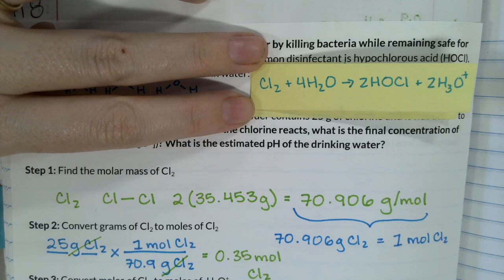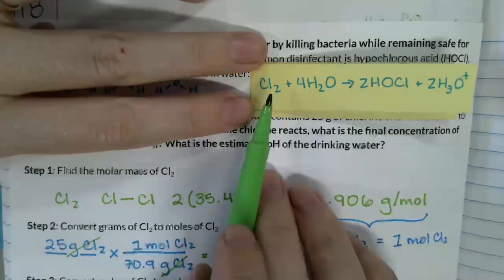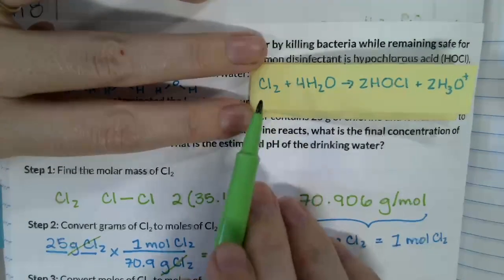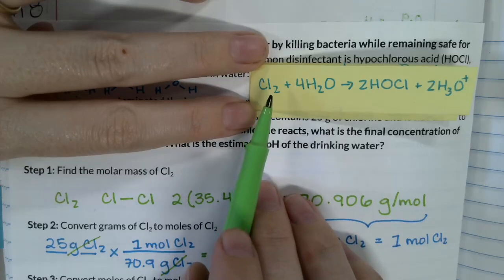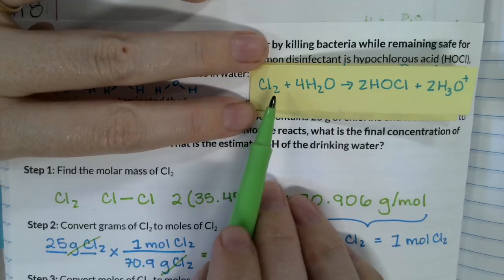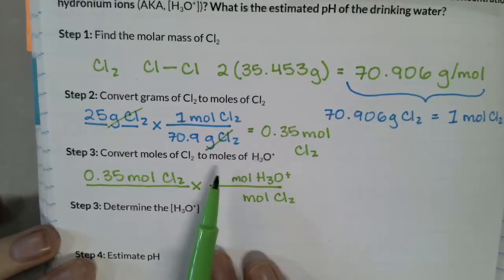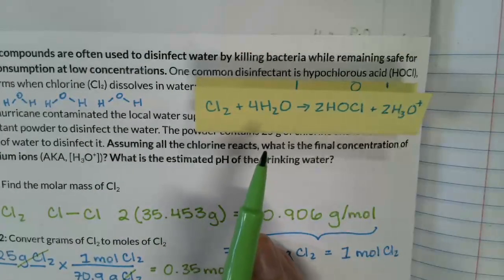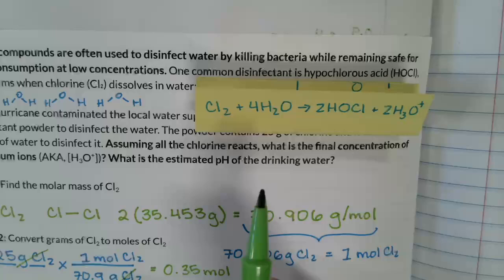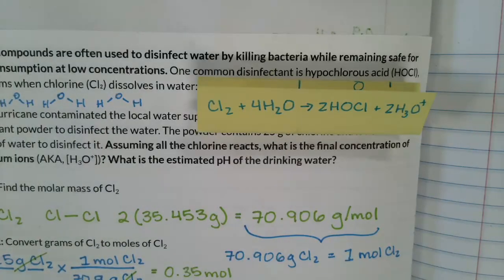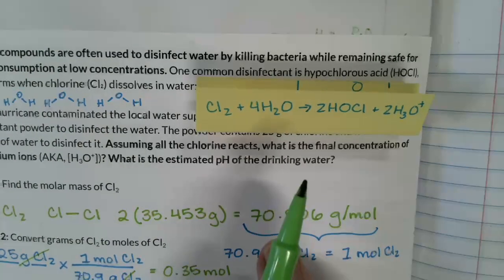Ari, what do you think? Say that one more time. Yeah, I'm trying to ask this in a way that doesn't give you the answer. I want to put numbers here to convert from moles of Cl2 to moles of H3O+. What number should I put there? It's a little bit like a recipe. Remember, like 1 graham cracker makes 1 s'more? So what are the numbers on this one?